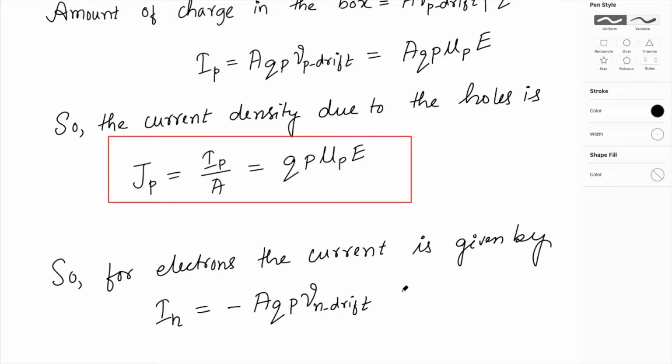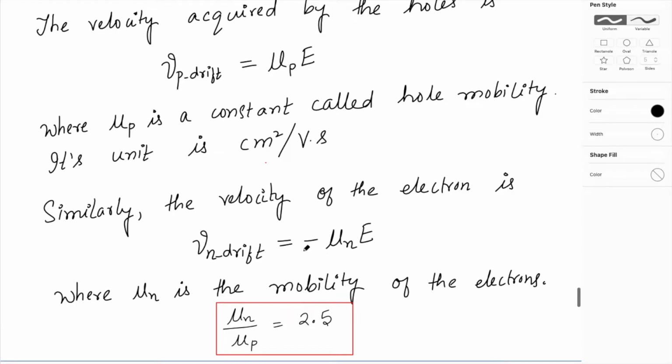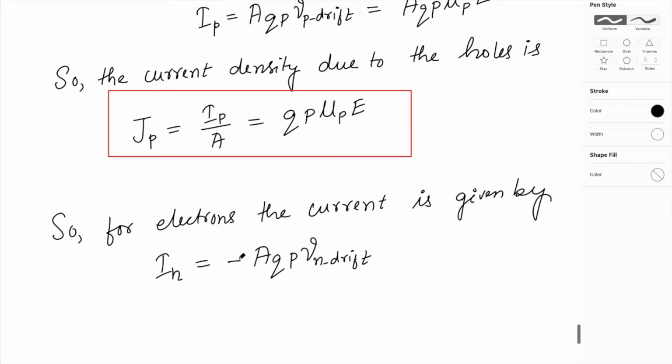Right, so this will be the current expression, and if I substitute this term with mu n and E, of course, now again this minus and minus will get cancelled, so finally what I'll get is A Q, sorry, this should be n, because we are talking about the density of the electrons, which is defined by n, so A Q n mu n into E.